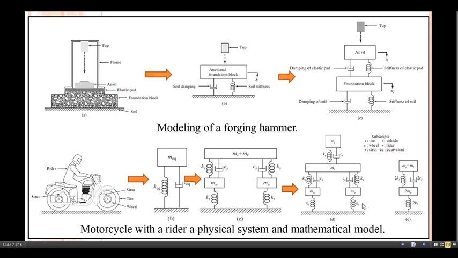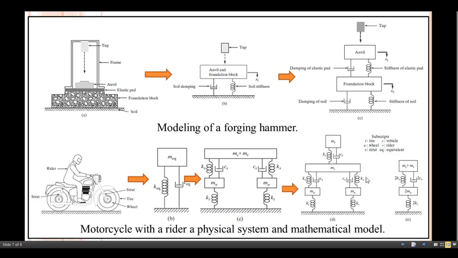Whenever the model is expanded, depending upon the connections of the springs, whether they are connected in series or parallel, we can get the equivalent stiffness of the springs.